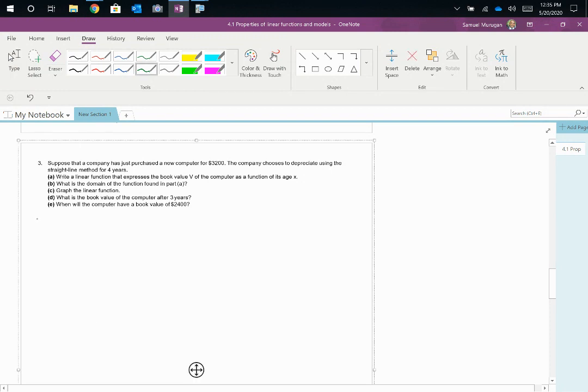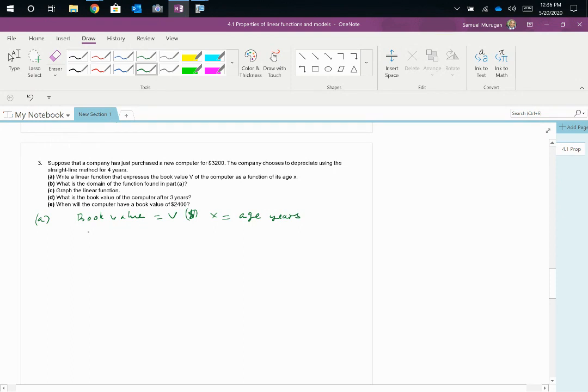Write a linear function that represents book value V as a function of age, let's say in years, and book value would be in dollars.